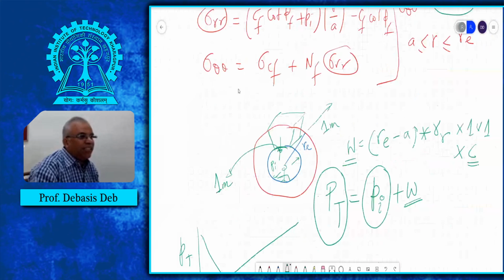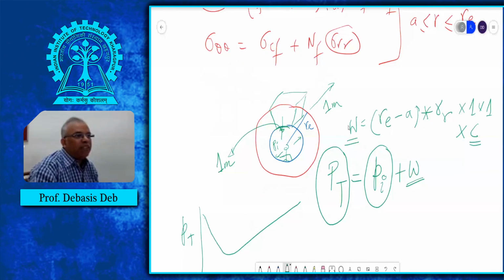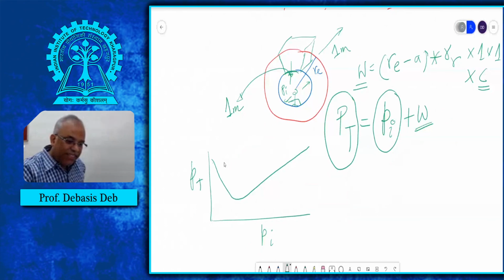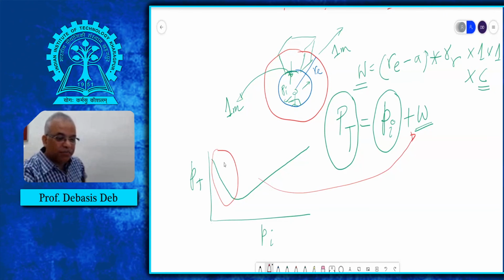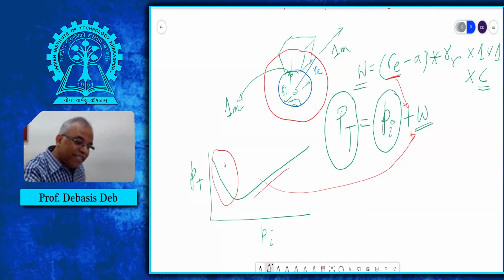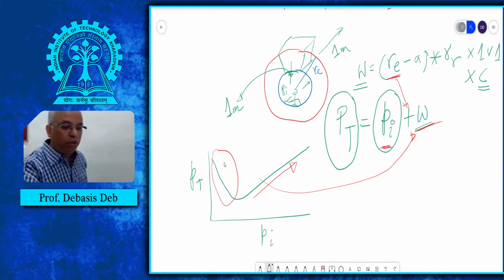If Re is high, then W will be high. So this area is controlled by its weight factor, basically this Re factor. And this side is controlled mostly by PI because then W will be out.